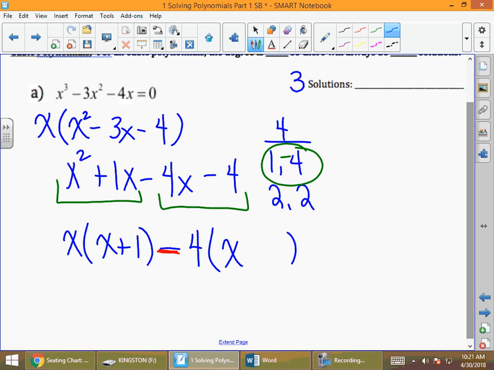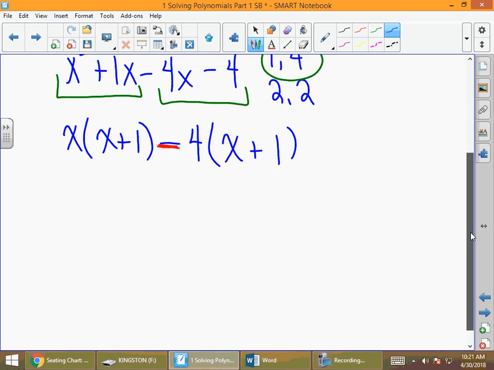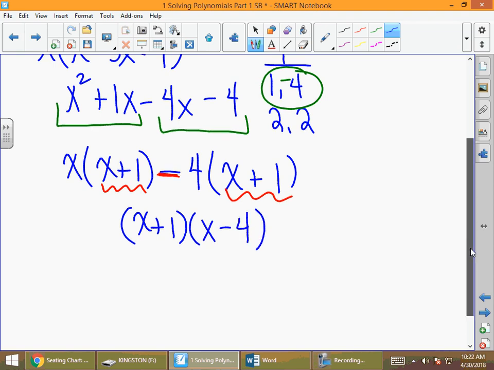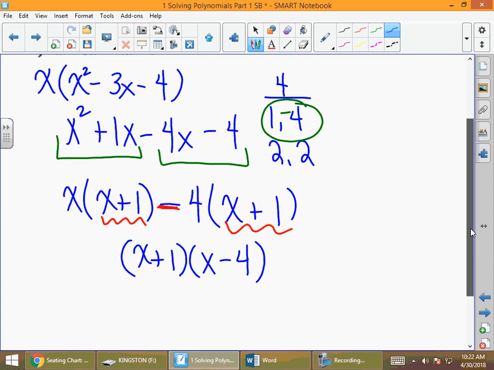Negative 4 divided by negative 4 is positive 1. What we see in our groups here is that we have x plus 1 in the first group and x plus 1 in the second group. We have x plus 1. Then we have our x minus 4. And don't forget at the very start, we factored out an x.